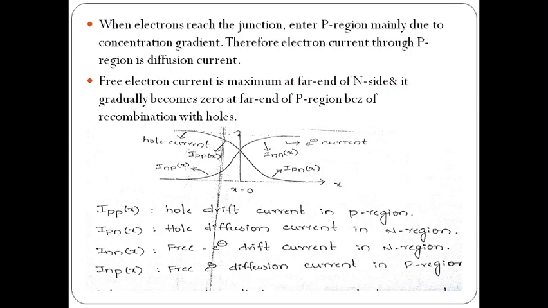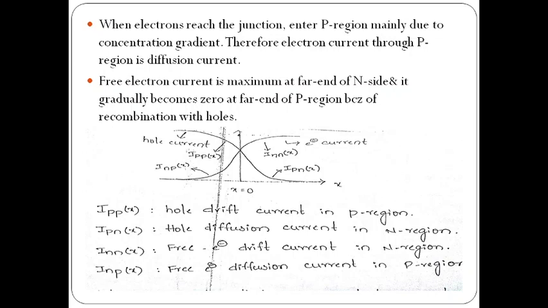Next, I_pn(x) is the current due to holes in the n region because of diffusion, so it is the hole diffusion current in the n region. Next, I_nn(x) is the current due to electrons in the n region because of the drift mechanism, so this current is the free electron drift current in the n region.